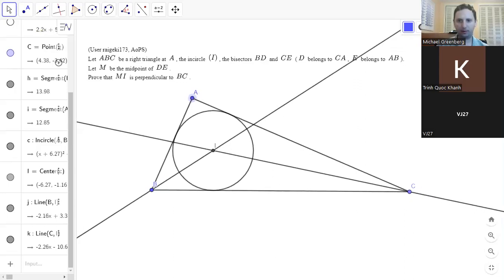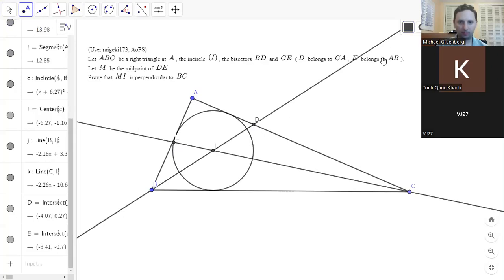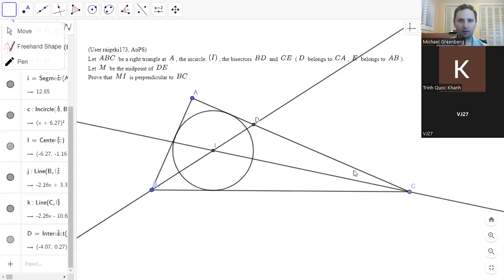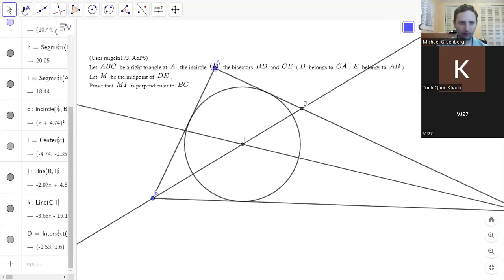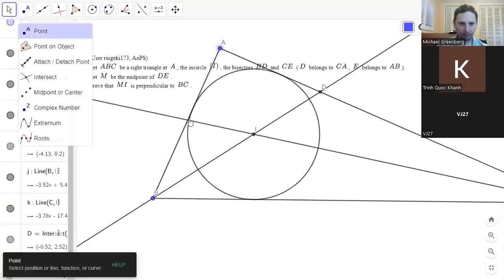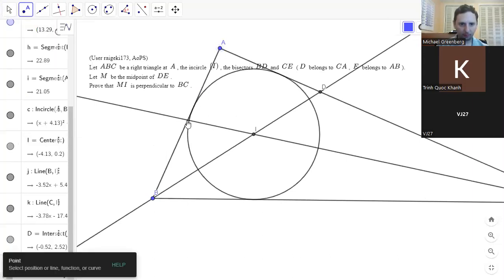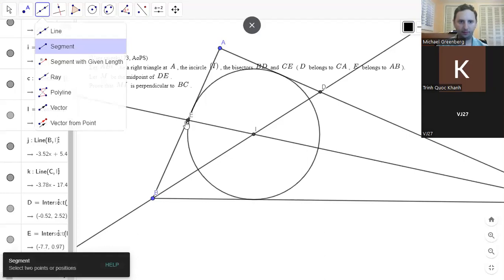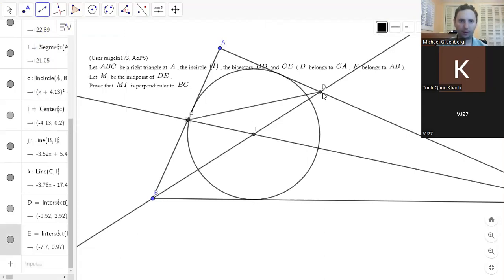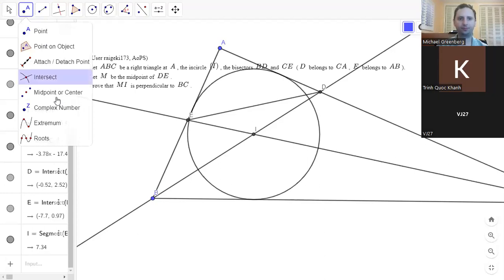Let me move this out of the way. So this is D, this is E. Whoops, not that point. I might have to zoom in a little bit. Let me fix this. So E should be this point. There we go. And then we draw the midpoint of DE, and that's M. And we want to show MI is perpendicular to BC.